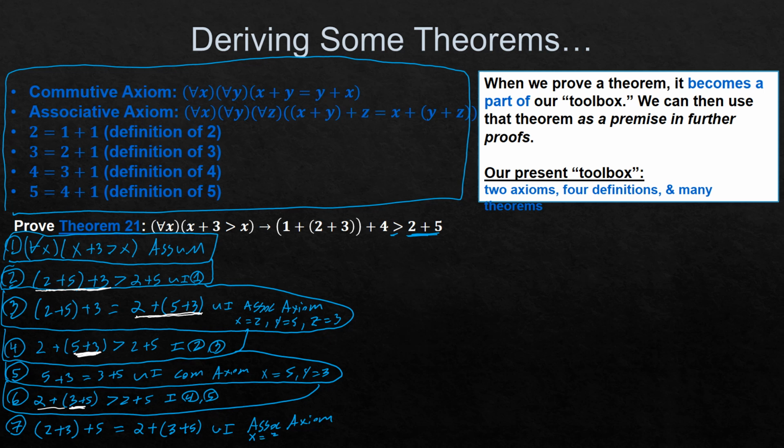X equals 2, y equals 3, z equals 5. So now, because of that regrouping via the associative axiom, for line 8, we can now say parentheses 2 plus 3, close parentheses, plus 5 is greater than 2 plus 5 by the identity rule with lines 6 and 7.